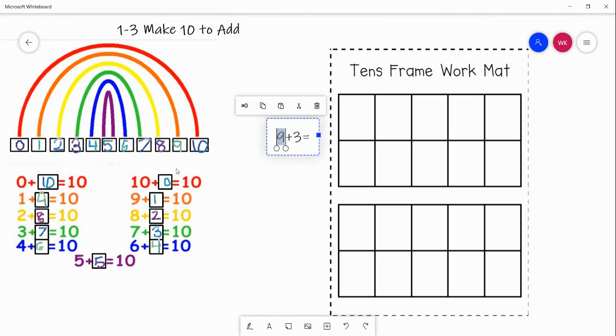To use your handy dandy rainbow, we are going to look for 9. So 9, if you go all the way across, plus 1 equals 10.